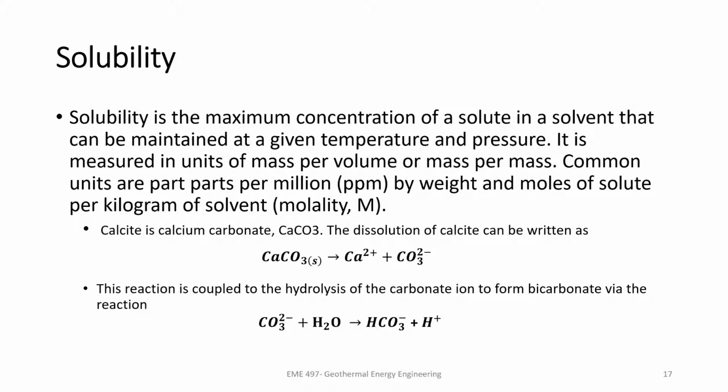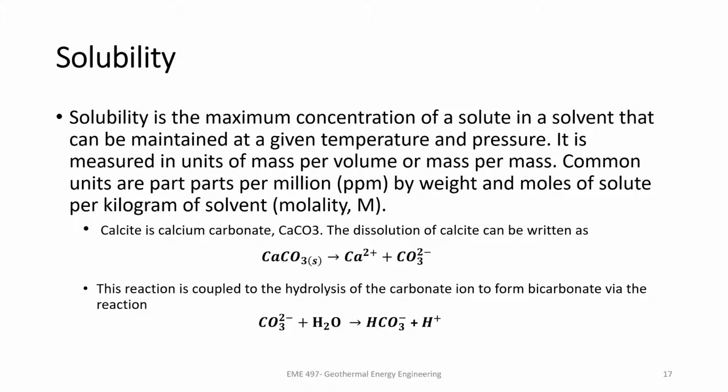A third type of solubility behavior can be demonstrated by considering the dissociation and precipitation of the mineral calcite. Calcite is calcium carbonate, CaCO3. The dissolution of calcite results in a calcium cation and carbonate anion. This reaction is coupled to the hydrolysis of the carbonate ion to form bicarbonate.